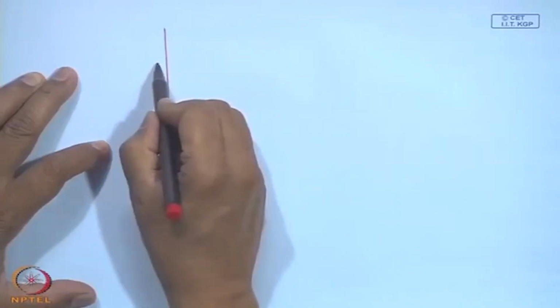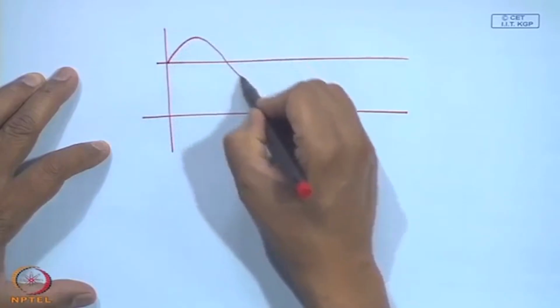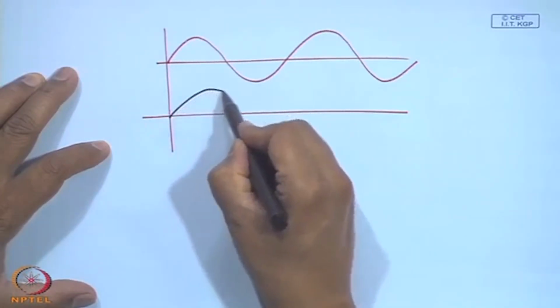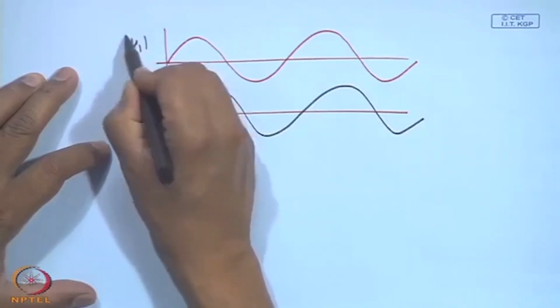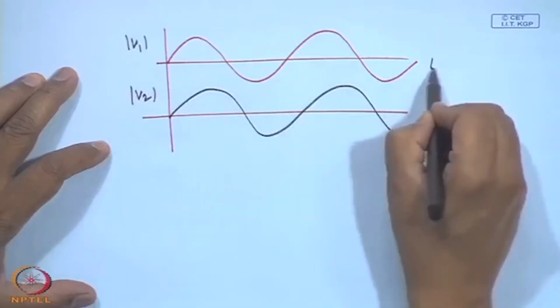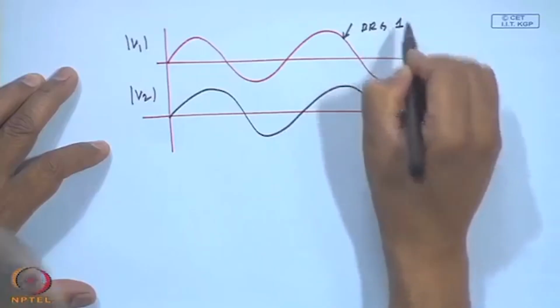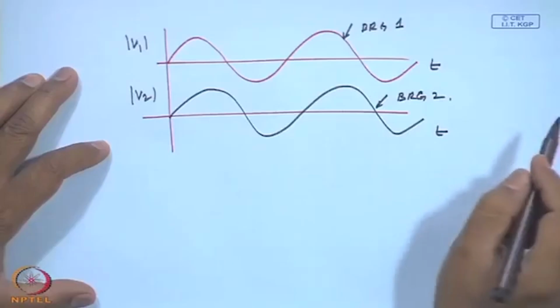If I were to plot on an oscilloscope, I draw two lines here, V1 and V2 against time, this one for bearing 1 and this one for bearing 2.